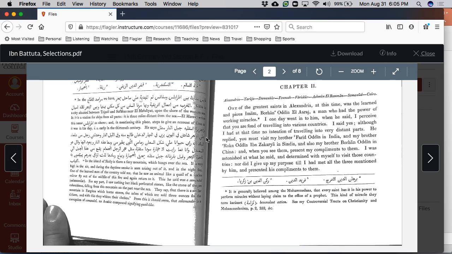Now this seems a really obvious point, but for the 14th century, this isn't that obvious. This is something quite new.